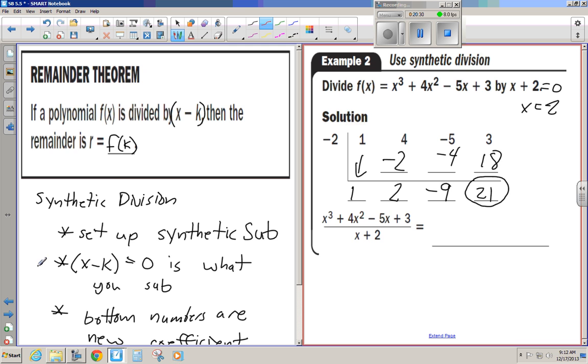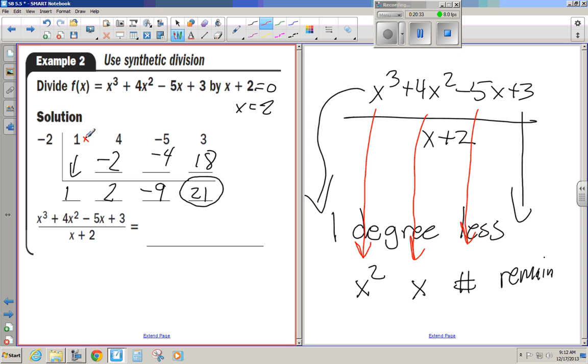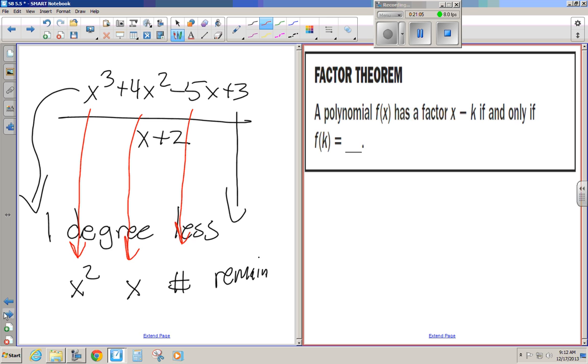And I just got done saying that an x cubed becomes an x squared, an x squared becomes an x, becomes the constant, and so our answer is x squared plus 2x minus 9 plus the remainder divided by the divisor. That is synthetic division. You can see it is so much faster than the long division method. So we'll do another example of that in a minute.